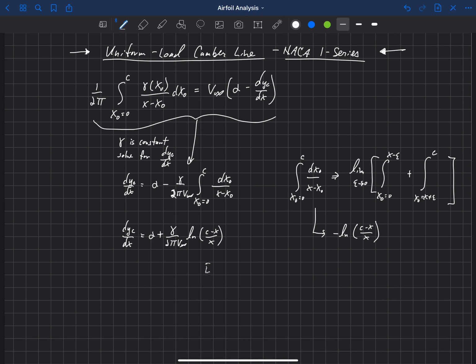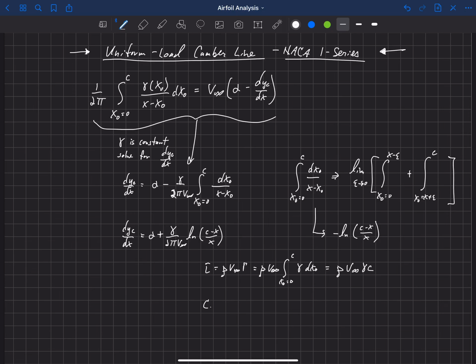We know that the lift is equal to rho v infinity times capital gamma, which is the Kutta-Joukowski law, equal to rho v infinity times the integral from x naught equals 0 to c of gamma dx naught. Now gamma is a constant again, and because gamma is a constant, this integral just gives us rho v infinity gamma times c.